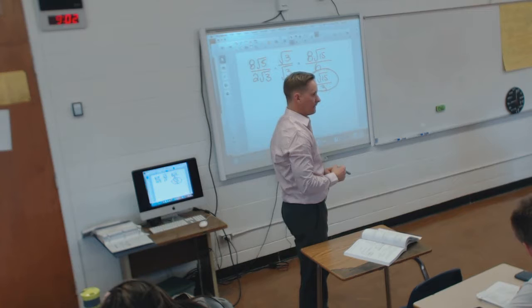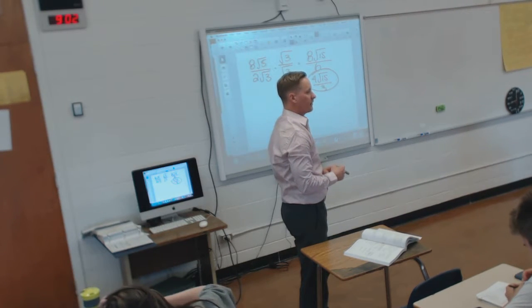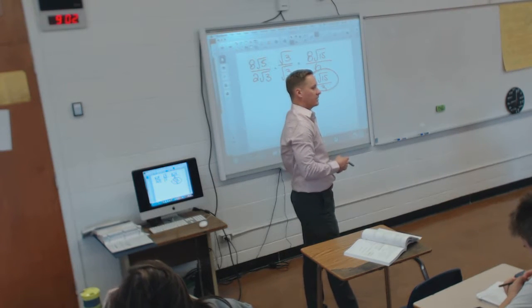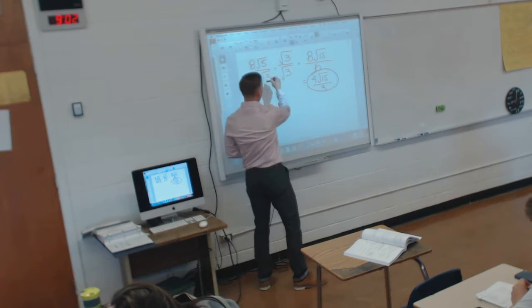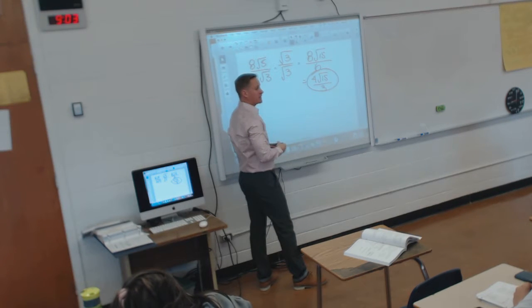This is all work that needs to be done in your head or with a pen and paper. I don't get how you do the square root 3 over square root 3. What is square root 3 divided by square root 3? What is it? 1. So I'm not really doing anything to change this, am I? So whatever I have to multiply this by, to change that to a rational number, I have to multiply by itself.